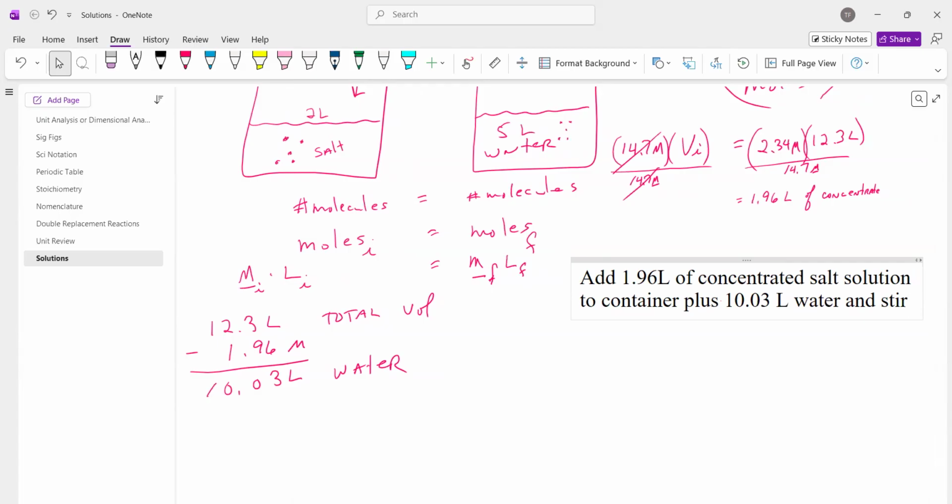On which one? 1.03. Are you talking about the subtraction part? I got 10.34.